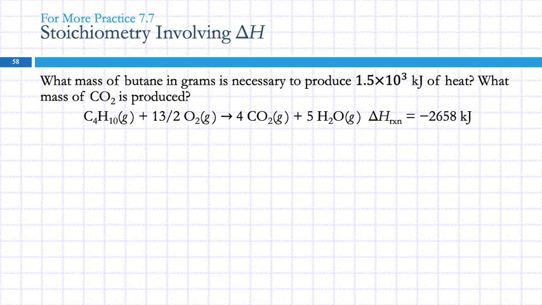Okay, one more question. What mass of butane in grams is necessary to produce 1.5 times 10 to the third kilojoules of heat? What mass of CO2 is produced? So here we have an amount of heat, and we've got 2 questions. We want the mass of butane in grams, and we want the mass of CO2.